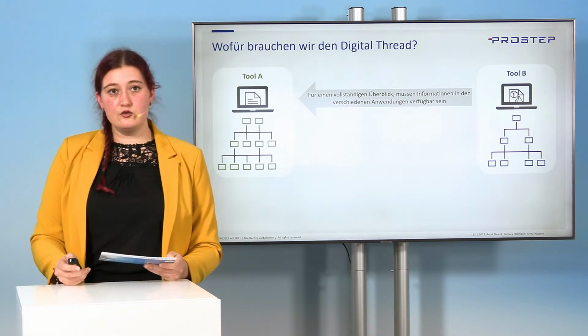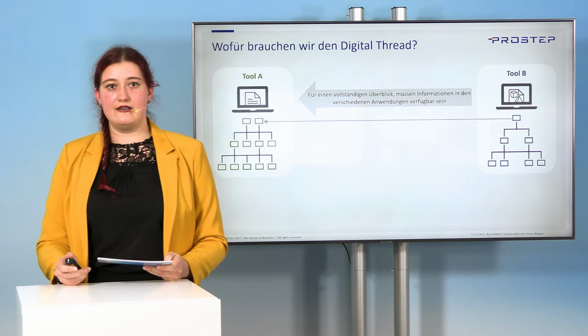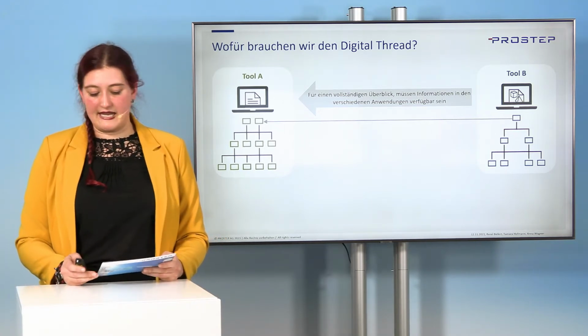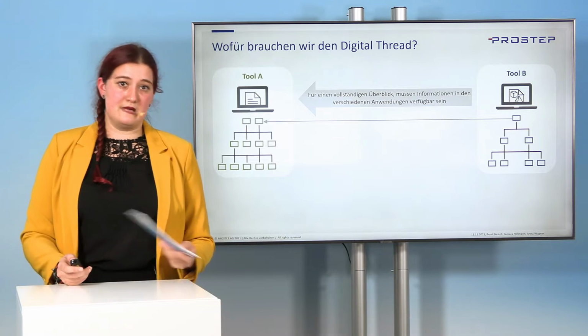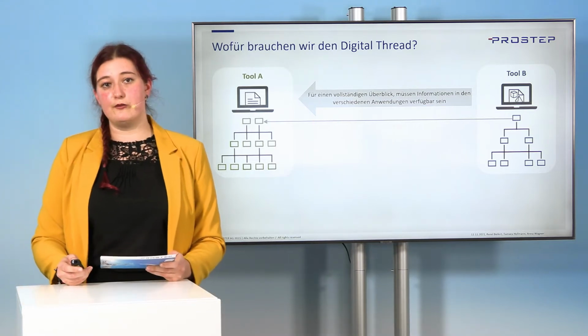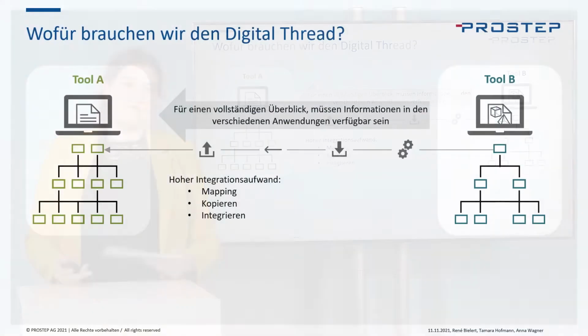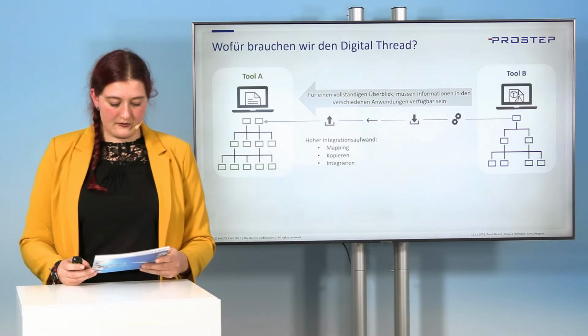Now, if I want to transfer data from tool B to tool A, then currently, as it stands, usually I have to edit the information, download it, put it into the other tool and integrate it. This requires considerable integration effort because I have to map data, copy data, and then integrate it.